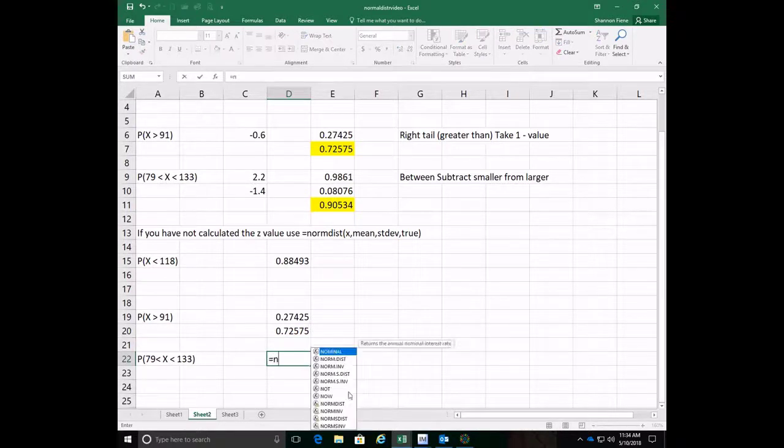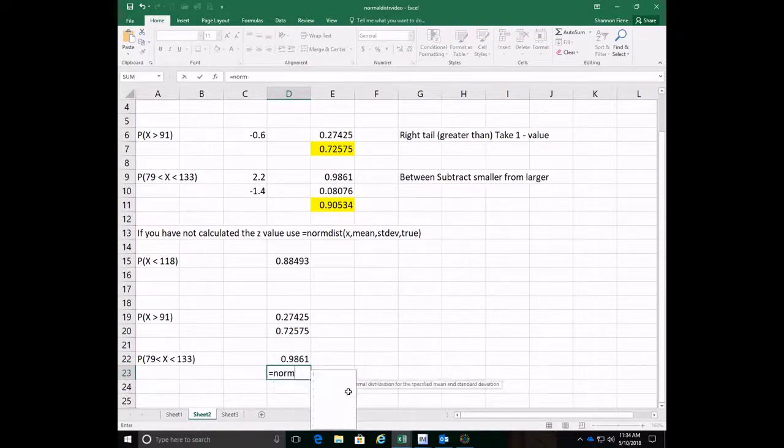And then here, NORM.DIST, we'd have to do it twice. Put in your first x, 133, 115, true. And then NORM.DIST, put in your x, 79, 115, true, and it would calculate both. And then remember how we get a between value. Subtract the smaller from the larger.